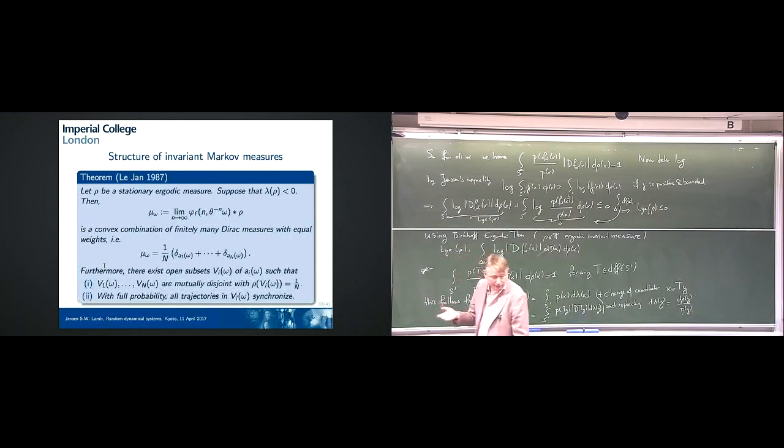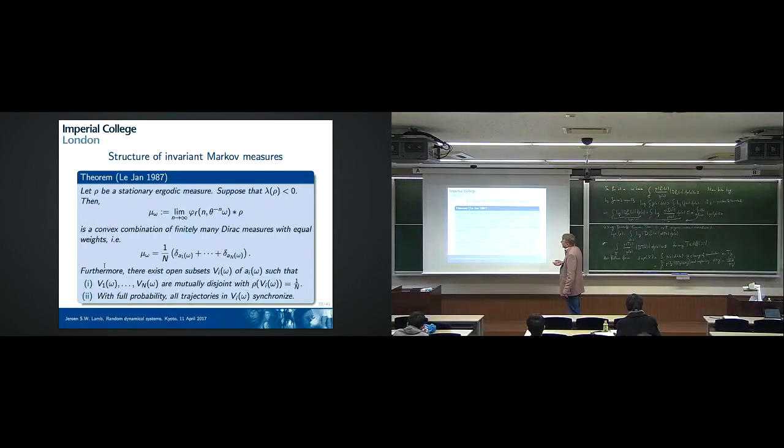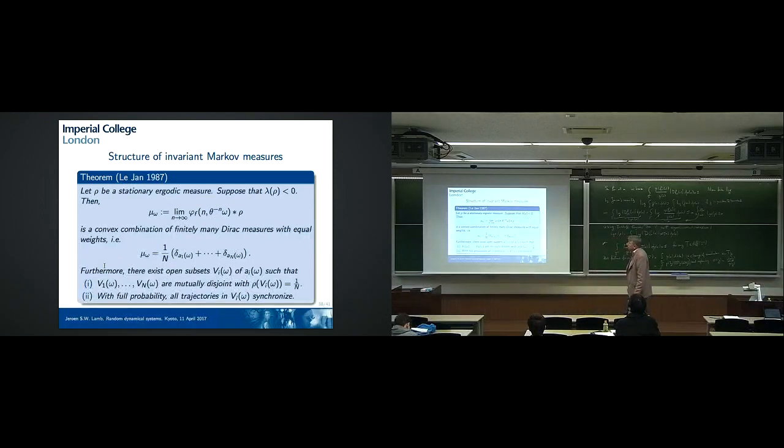Okay, now this is a classical result here of Lejeune, which is important in the sense that he said that if you have a stationary ergodic measure, and you suppose that the diagonal exponent is negative, and I look at this disintegration, the pullback perspective of this stationary measure, which gives me information about the dynamics because it is the basis for my invariant measure, which is attracting.